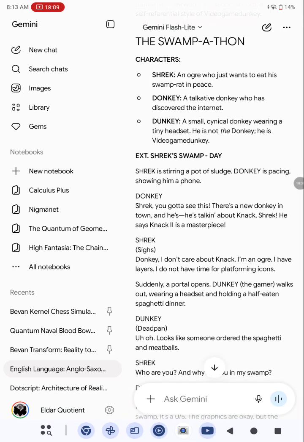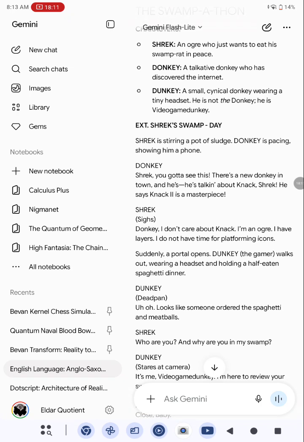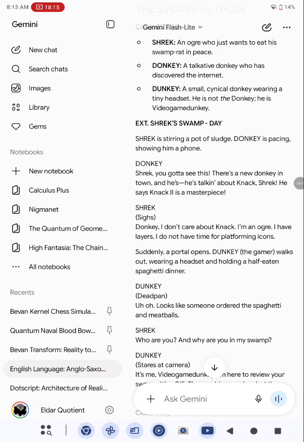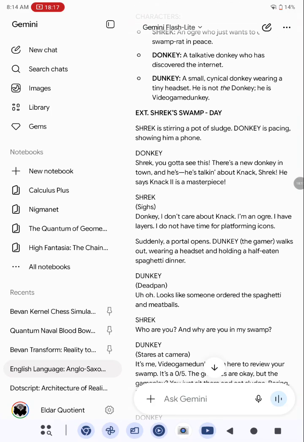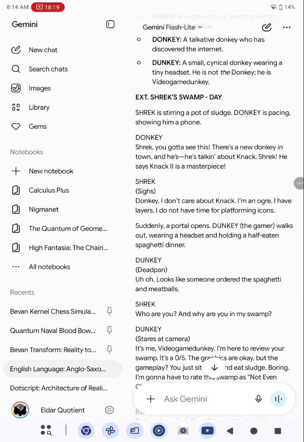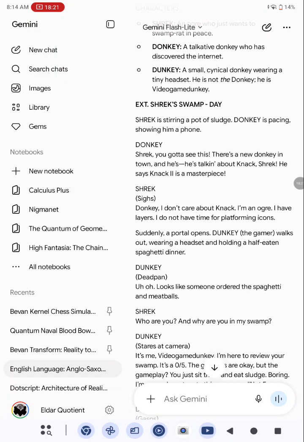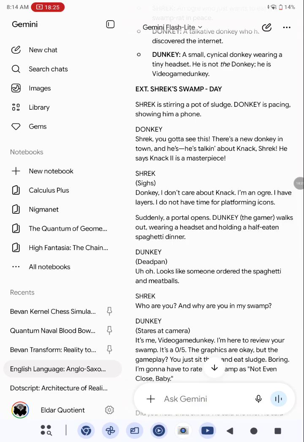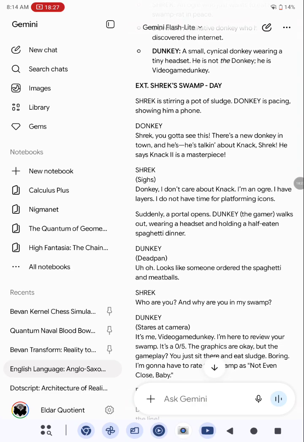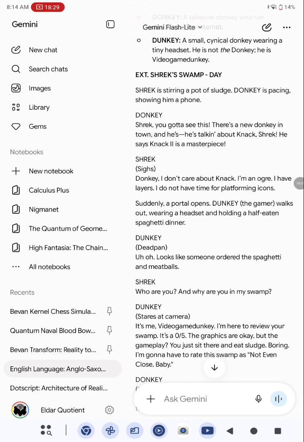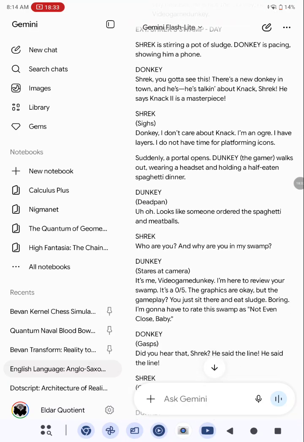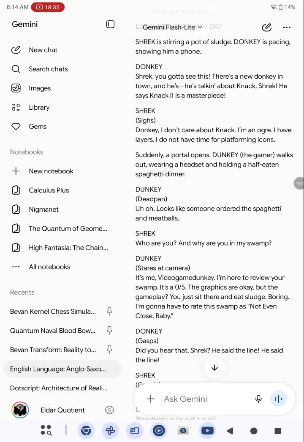The Swampathon, Shrek. An ogre who just wants to eat his swamp rat in peace. Donkey. Talkative donkey who has discovered the internet. Oh, there's Donkey and Donkey. A small, cynical donkey wearing a tiny headset. He is not the donkey. He is the video game donkey. Shrek is stirring a pot of sludge.